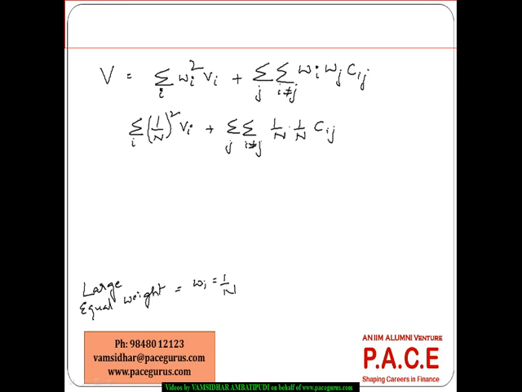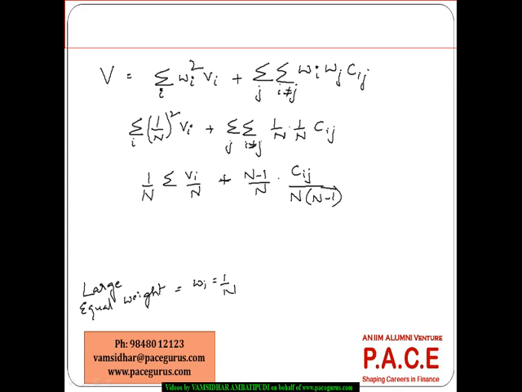Now this becomes 1 by n squared times Vi, which means I'll take 1 by n out and say Vi divided by n. Whereas here I'll take n minus 1 by n out and say Cij divided by n into n minus 1.